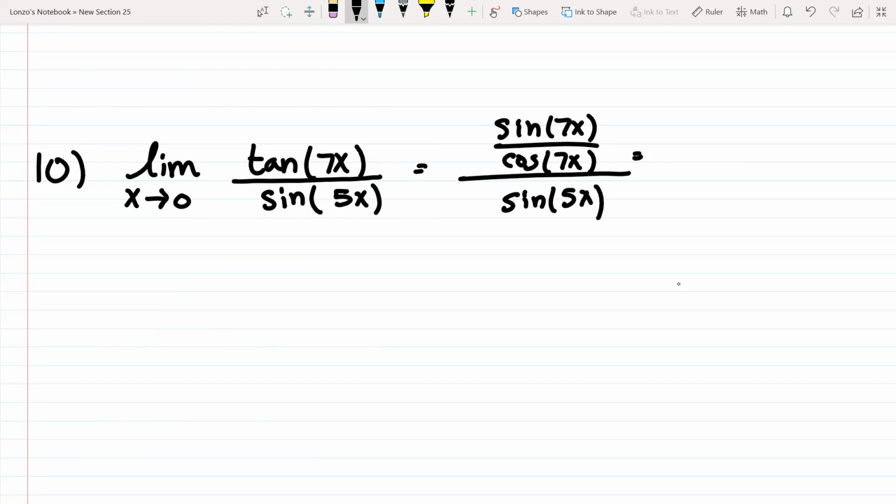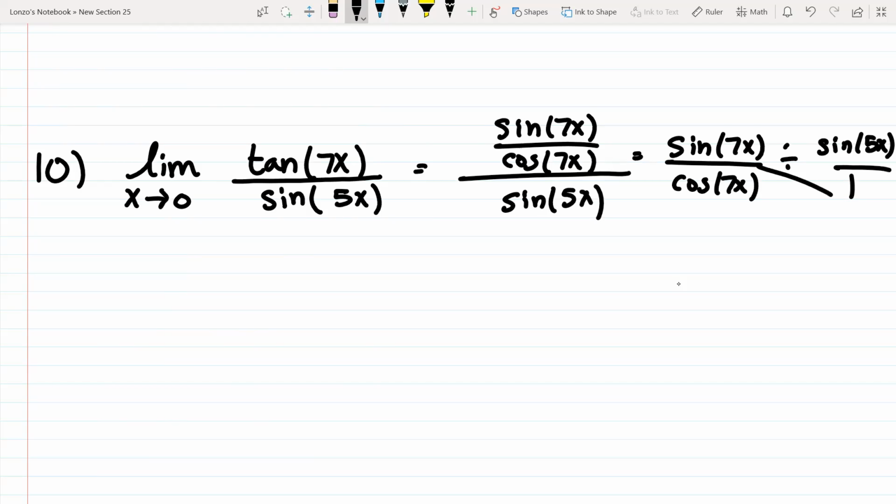So this is equal to sine of 7x over cosine of 7x divided by sine of 5x over 1. And then if you cross multiply, that would be sine of 7x, and then this would be sine of 5x times cosine of 7x.